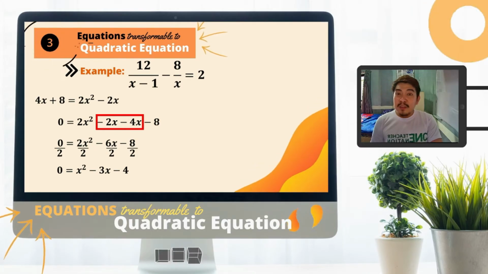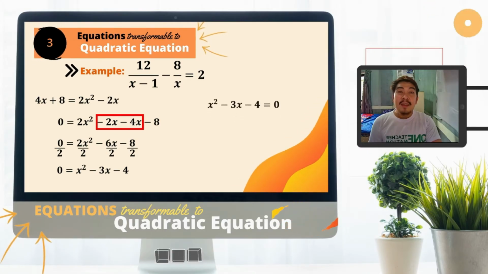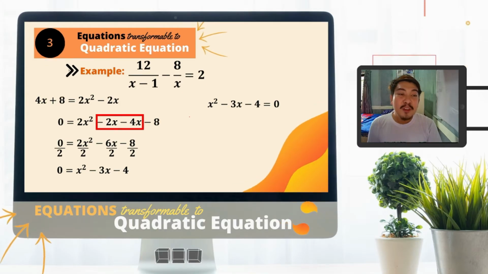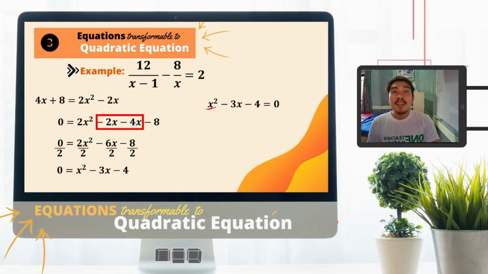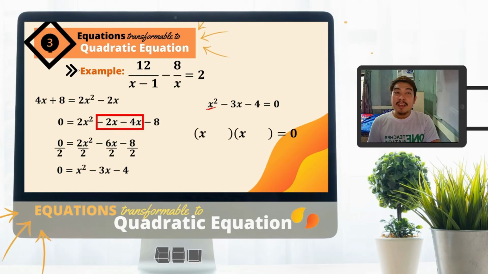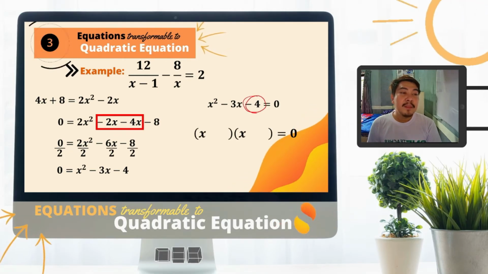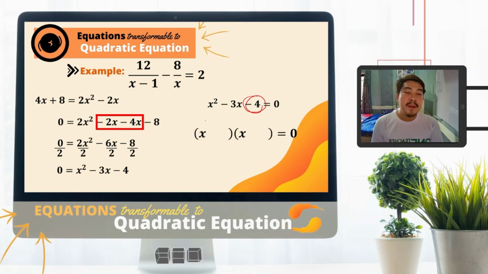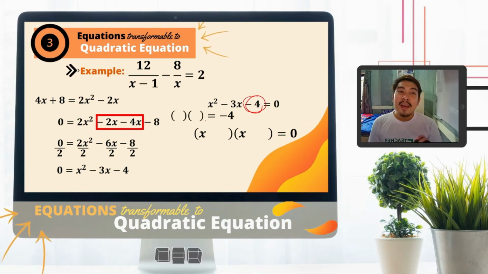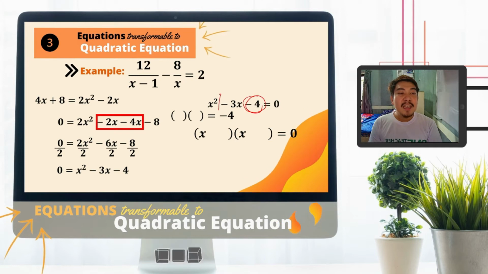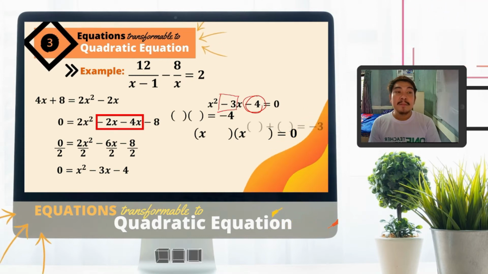Okay? So ngayon, factorable na yan. Ay, paano siya ipa-factor? I-factor muna natin si x squared. Ang factor ni x squared will be x times x. Next, isip tayo ngayon ng factors ni negative 4. Dalawang number kapag minultiply natin negative 4. At the same time, kapag ka-inad natin, kailangan negative 3 ang lalabas.